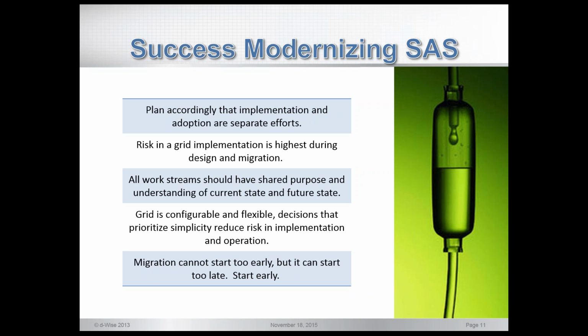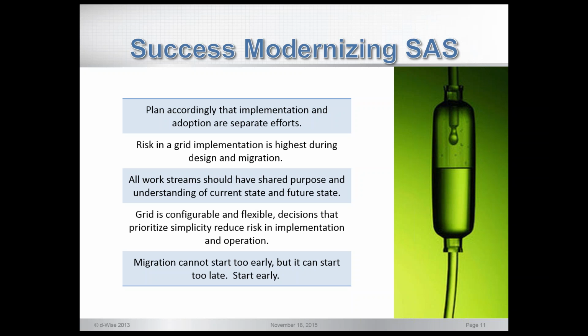And the last bullet speaks to migration, and the whole next slide actually speaks to migration. Because in migration, what we're talking about is the SAS assets, the supporting infrastructure, the people and the processes, all of the things we illustrated right at the beginning of this when we said what's involved in SAS, what's involved in modernization. Planning for the migration is an activity that you can start too late. And what I mean by that is there's usually a bridge period where SAS will allow clients to have their legacy environments running in parallel.